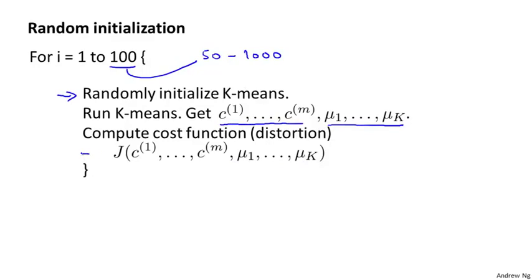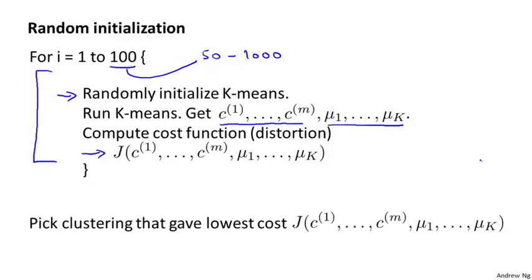We would then compute the distortion J, that is, compute this cost function, on the set of cluster assignments and cluster centroids that we got. Finally, having done this whole procedure 100 times, you will have 100 different ways of clustering the data. Then out of these 100 ways, just pick the one that gives us the lowest cost, the lowest distortion.